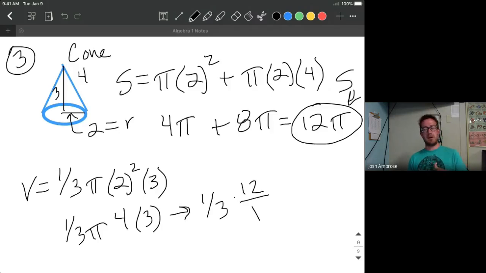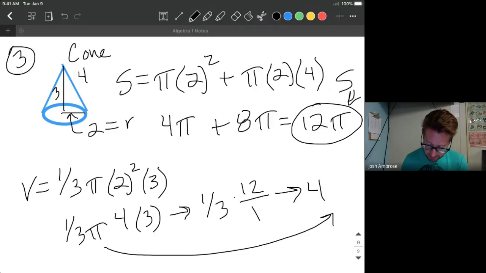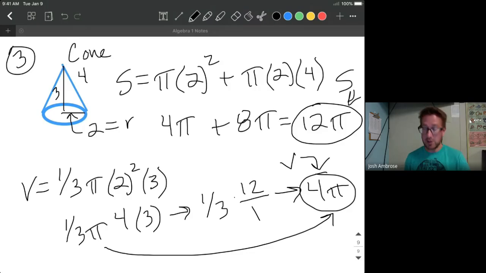Think of this now as saying 12 divided by 3, which is going to be 4. And don't forget that that pi is still involved. It's right there. Okay, so this one is our volume, 4 pi. So again, using these equations from the textbook, plug in the given values.